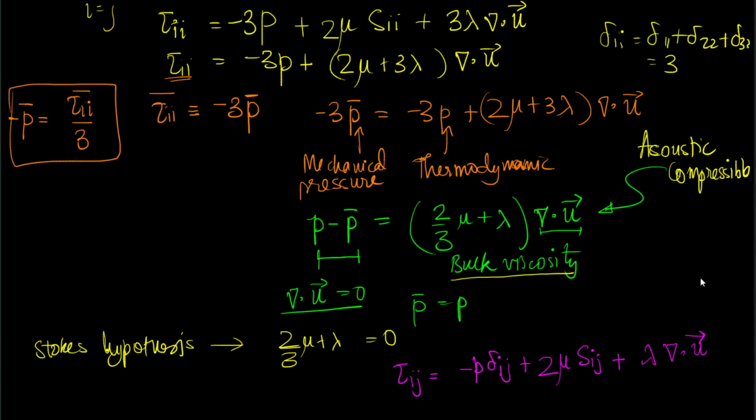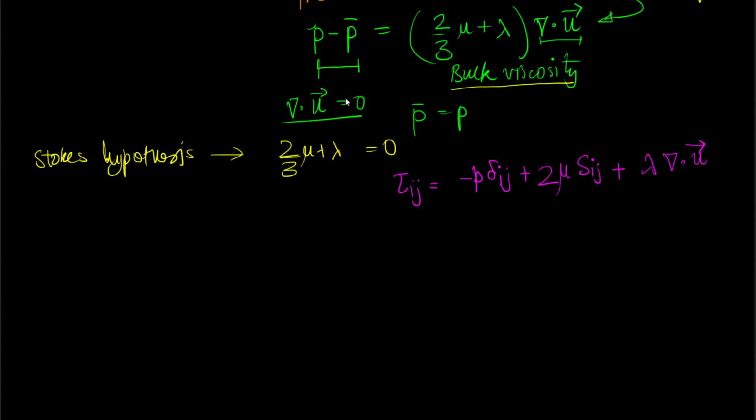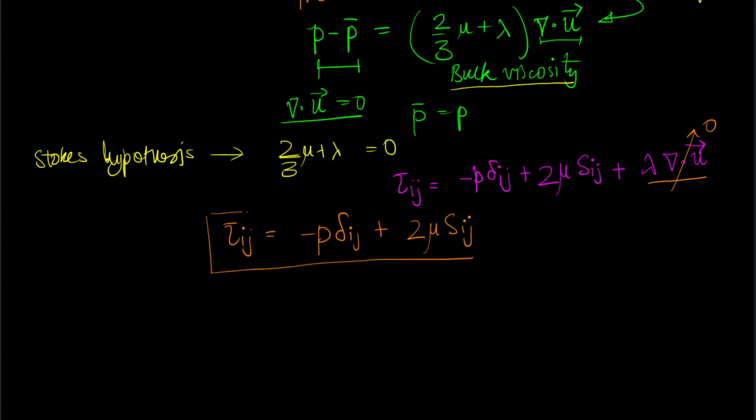We can substitute the pressure from the previous terms over here, but in fact in this particular course, because it's a basic level course, we're going to consider incompressible flows. This term vanishes, in which case the stress tensor is going to be minus P delta ij plus 2 mu Sij. This is the form of this stress tensor.